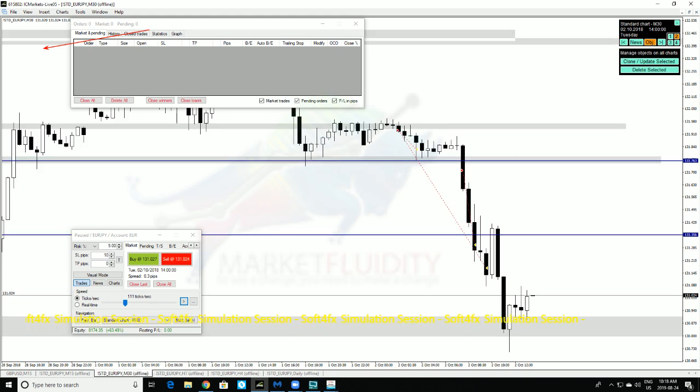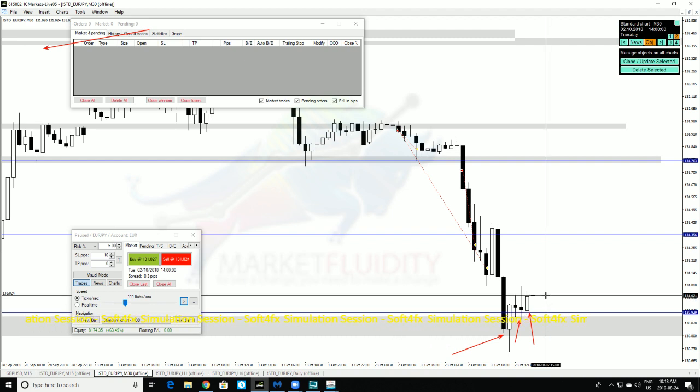On the 30-minute, what it did was it rejected this area and then formed this bearish candle, and now it's essentially formed some sort of support right here. So now you can say that as long as price stays above the bottom of the 30-minute candle, it should continue moving up, right?